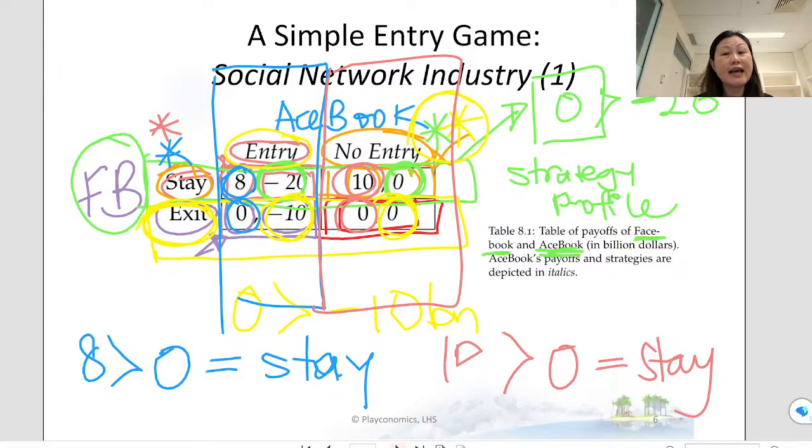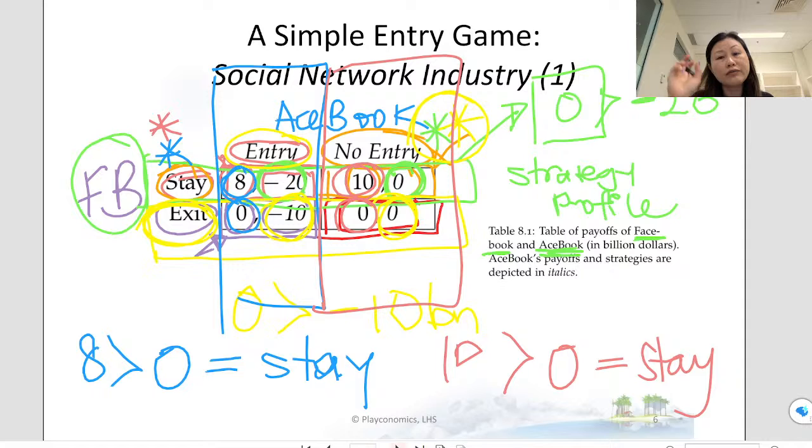Now, I'm sure you can follow me as a very quick recap. Facebook stay or Facebook exit, Facebook enter or Facebook do not enter. One of the key things that we talked about on Tuesday is the strategy profile.